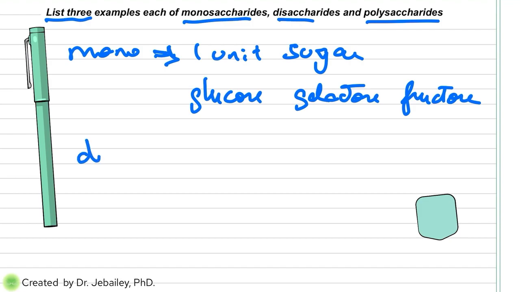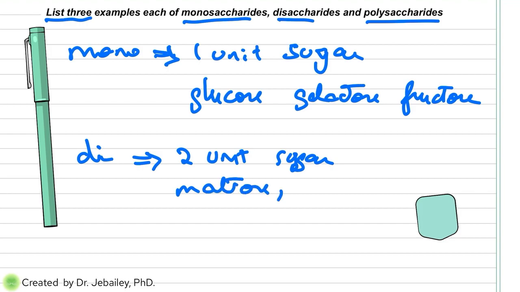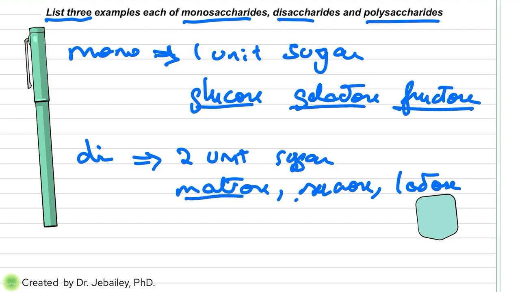When we talk about disaccharides, disaccharide means 2 units of sugar. So we have, for example, maltose, sucrose, and lactose. Again, they only ask for 3 examples of each, right? So I did 1, 2, 3, and then 1, 2, 3.